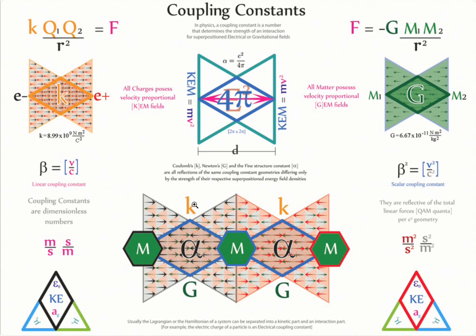Tetryonics unites all of these different measurements through the geometry, alpha being the equilateral geometry, K and G just being reflective of, firstly, the number of energy momenta, so the strength of the field, and then obviously the direction of the force of interaction.